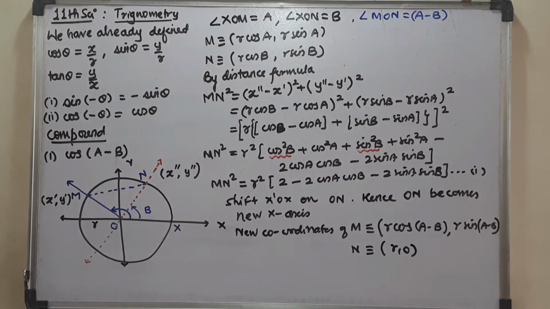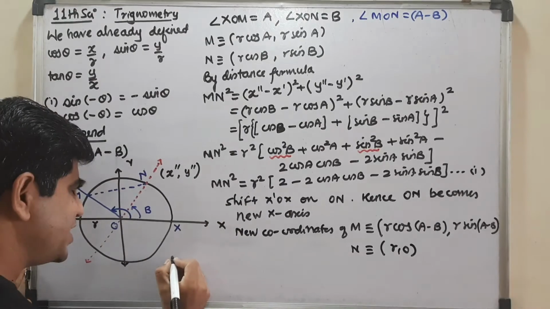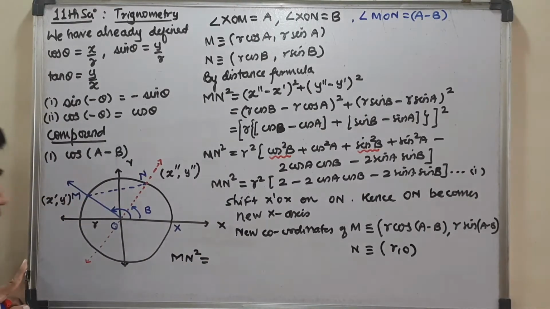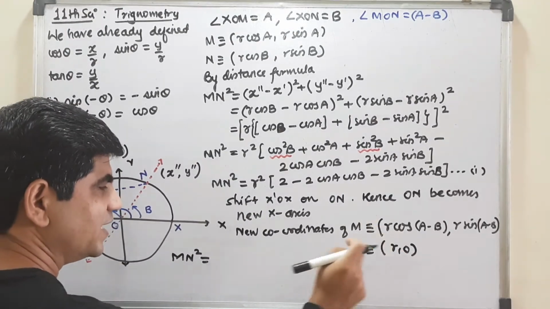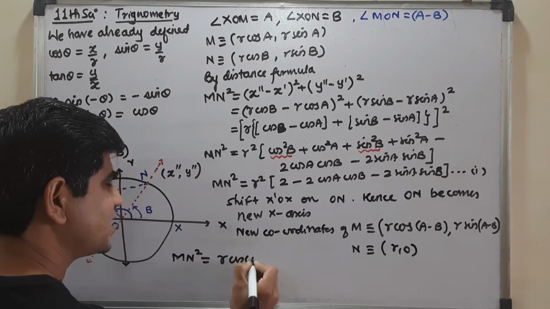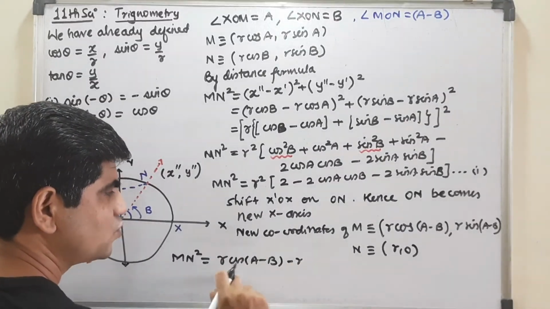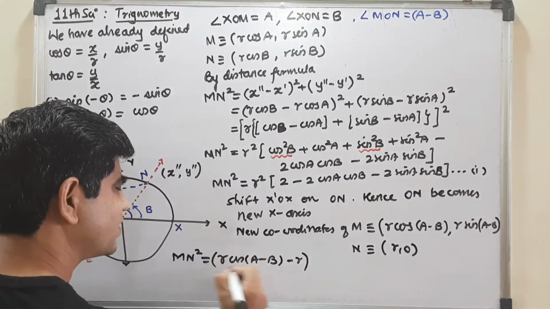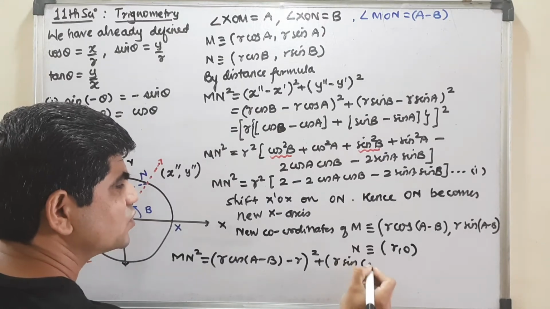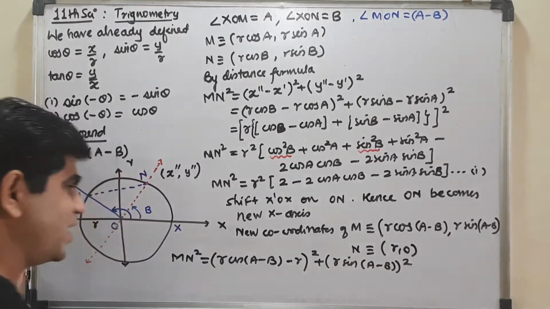But the distance between them remains the same, that is unchanged. So the distance formula will be applied over here: x2 minus x1 the whole square plus y2 minus y1 the whole square, that is r cos of A minus B minus r, the whole square, plus the y term, which is r sin of A minus B minus 0, the whole square.